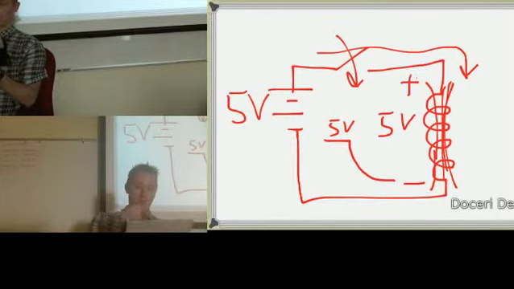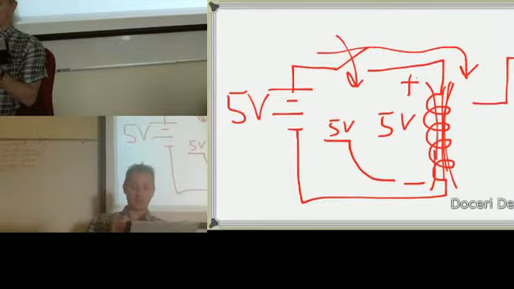Yeah. So if I go from 0 to 5 volts on the voltage, the current through the coil is going to look like this. Okay? It's going to go from 0 to 1 amp. Let's close that out.